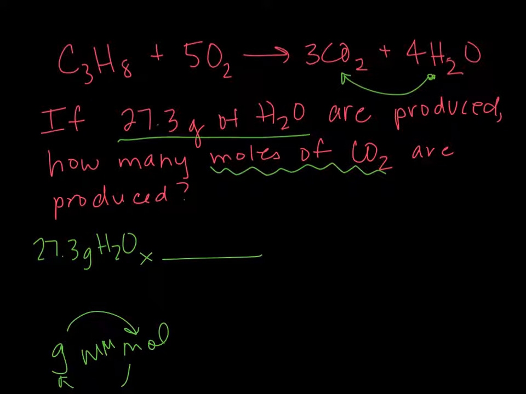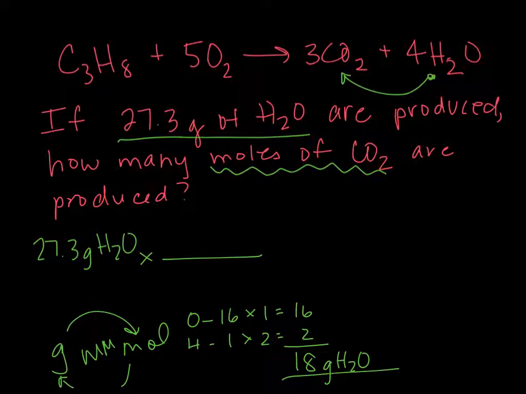And so for water, oxygen is 16, and we have 1 of them, and hydrogen is 1, and we have 2 of them. So that's 18 grams of H2O in every mole of H2O.